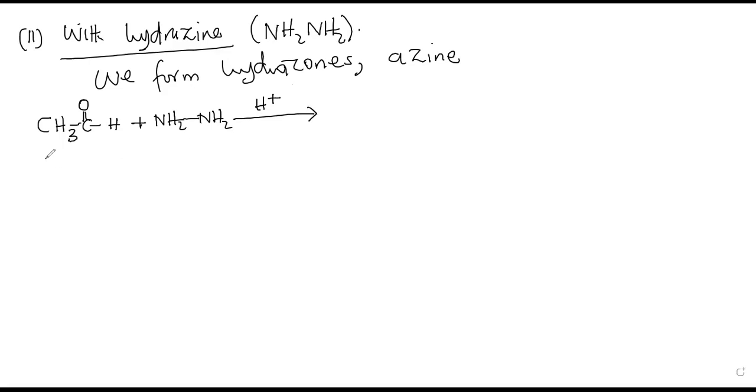So let me first outline for you the mechanism and you see. These mechanisms need a lot of care when you're handling them. So we have CH3, C, double bond O, H.